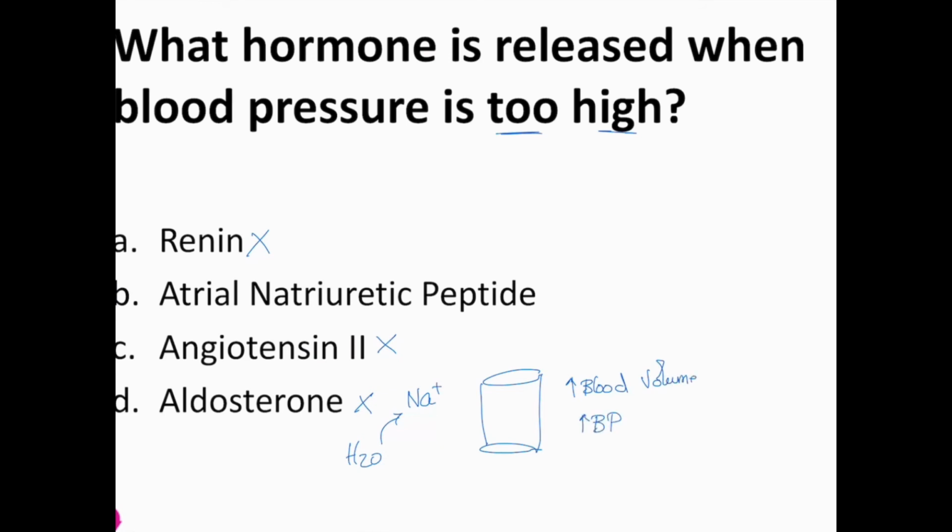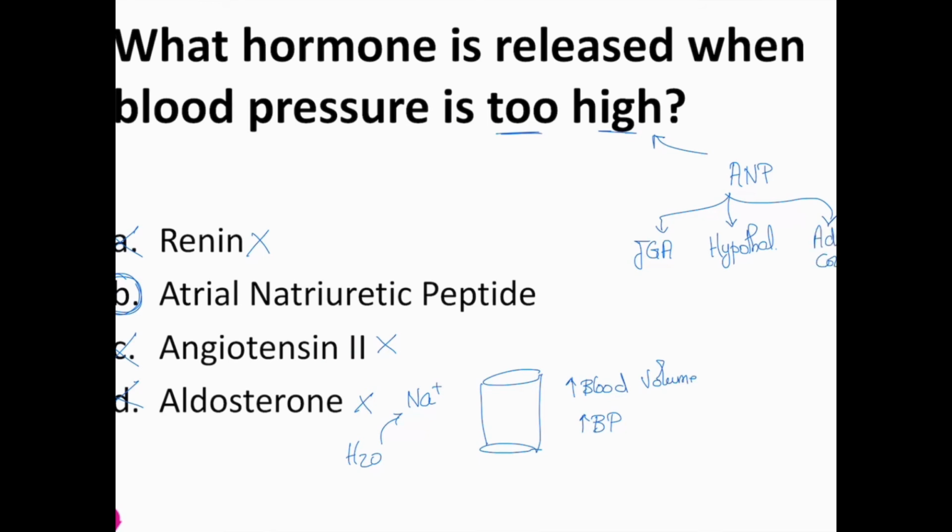So none of the 3 on here, neither A, C, or D, will get released in case of high blood pressure. On the other hand, my ANP, my atrial natriuretic peptide, is going to be released in case of high blood pressure. Remember, ANP acts on the juxtaglomerular apparatus, my hypothalamus, and my adrenal cortex.